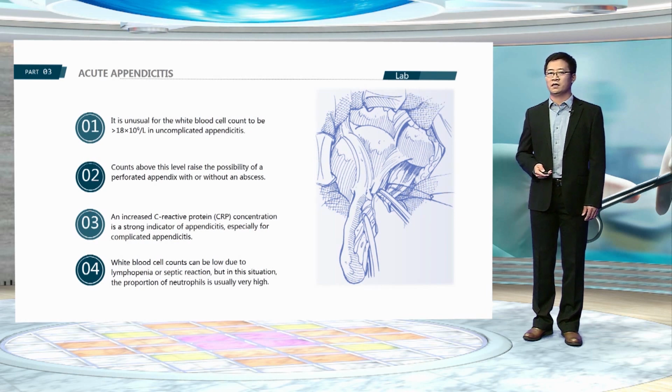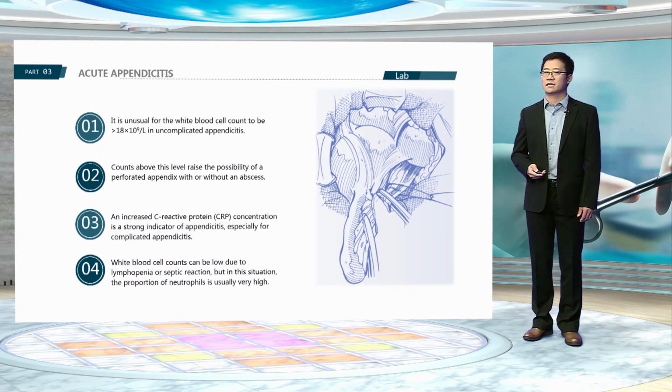The CRP, the C-reactive protein concentration, is a strong indicator of appendicitis, especially for the complicated case. But for some cases, white blood cell counts may be low due to lymphopenia or septic reaction. But usually, in this situation, the proportion of neutrophils is very high.